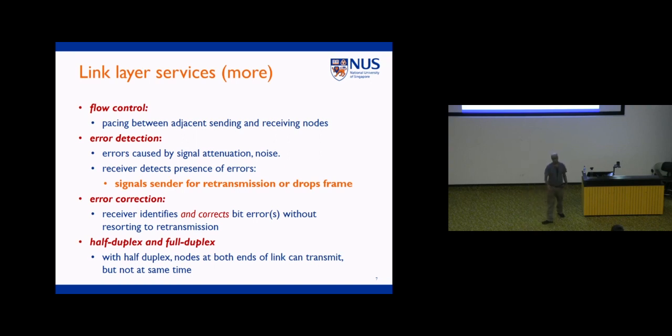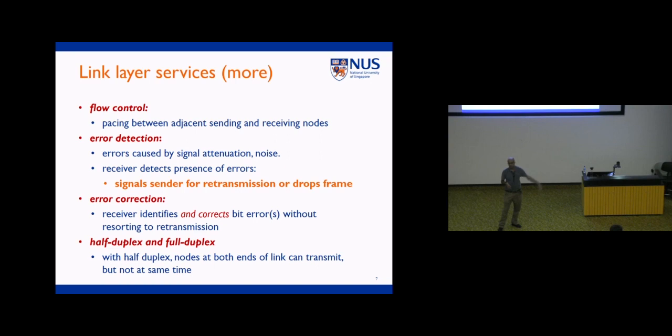So now you have 2 options. One is you can just say, I'm going to detect if there is any error, and if there is any error, I will ask for retransmission. That's one approach. The other approach is, you transmit data to me, I will detect if there is any error or not, and at the same time, I will be able to correct it.